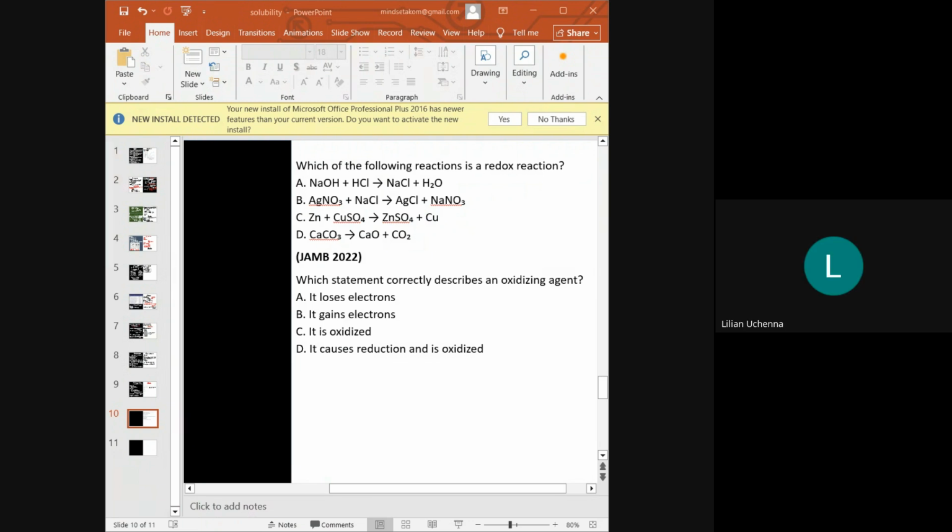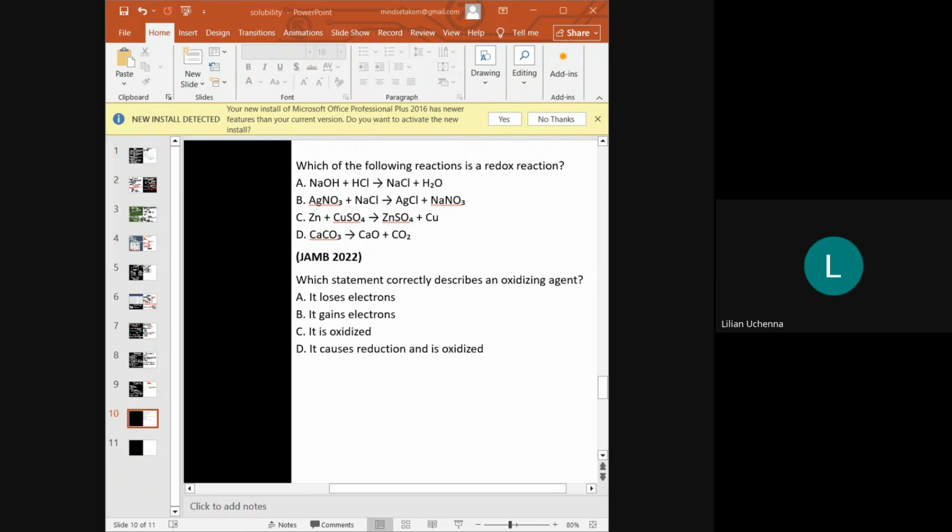It is B because an oxidizing agent is the one which gains electrons. Are you sure? If not, convince me. You are just saying the same thing. Wait, oxidizing agent. Okay, it gains electrons.